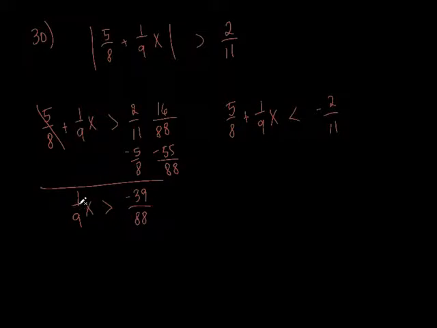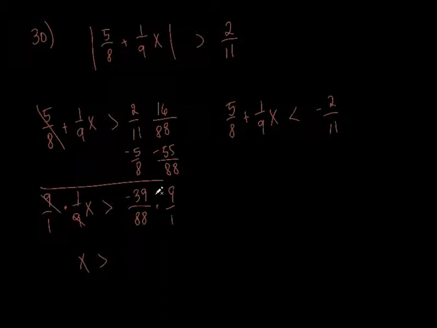Right? How do you get rid of that 1/9? It's being multiplied, so yeah, you would think divide, but it's a fraction, so what do you do? You multiply by the reciprocal. So you multiply by 9 here, and you multiply by 9 over here. Cancels. X greater than, nothing goes into 88 and 9, does it? Nope.